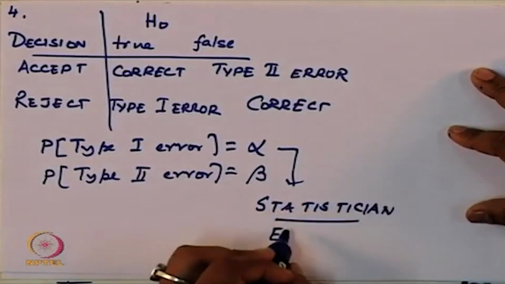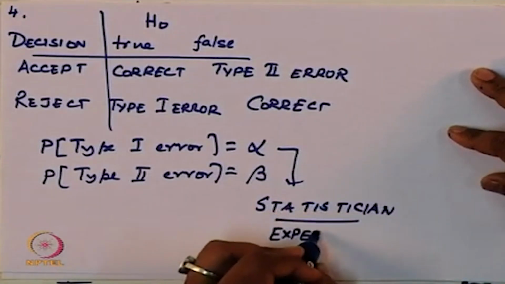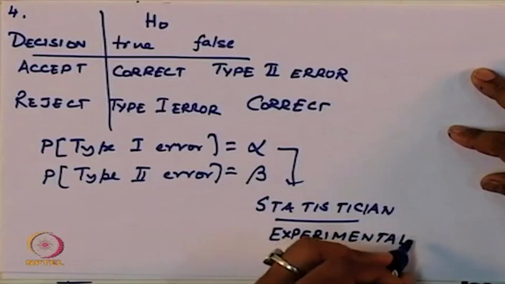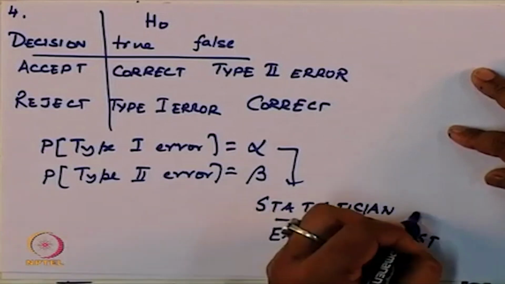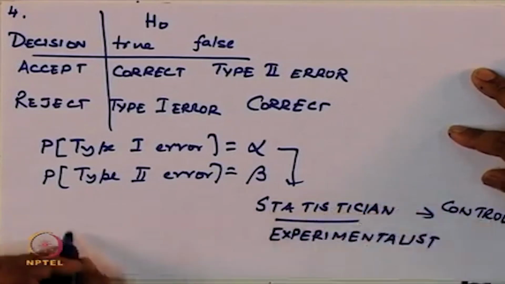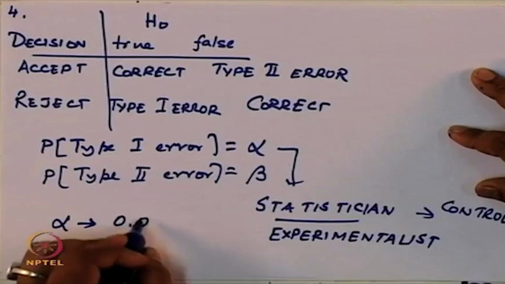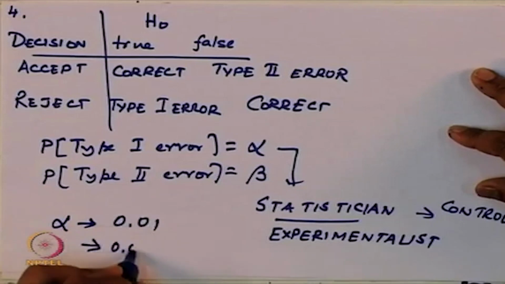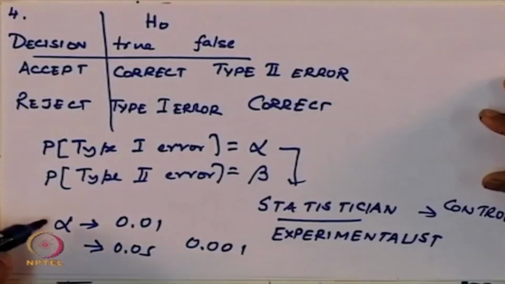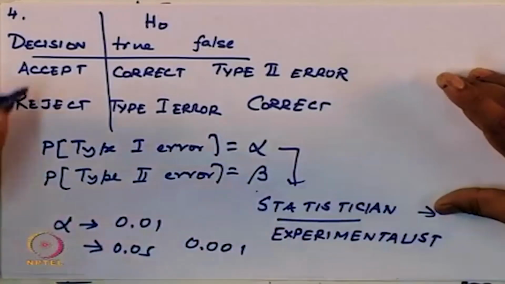Now, what you see is alpha is in the statistician's or experimentalist's hands. You can control it. Why? You can choose alpha equal to either 0.01, 0.05, 0.001, and so on and so forth. So, this is in your hands, but it is very difficult to choose beta.